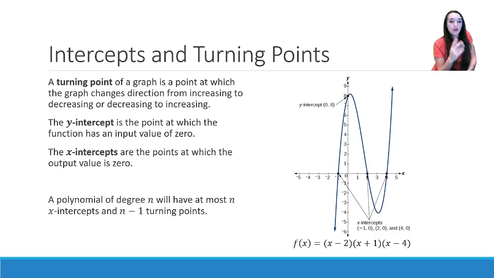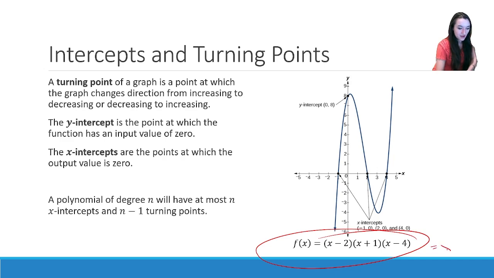So, a polynomial of degree n will have at most n x-intercepts and n minus 1 turning points. It will not always have this number, it will have at most this number. In this case, this polynomial is specifically degree 3. I can say that because I have the function right here.